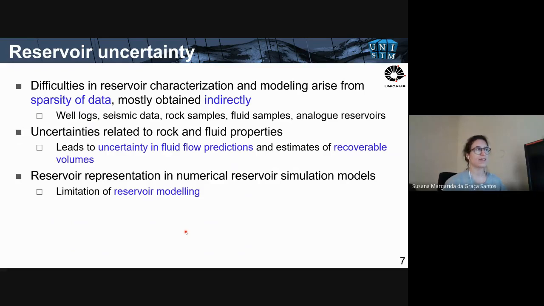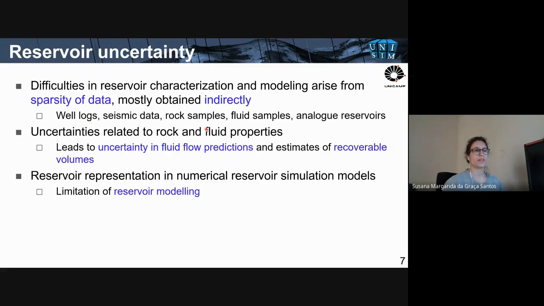All the data we have are either acquired sparsely, like the direct data from drilling, which is very distant from each other, or mostly obtained indirectly, from seismic data and well logging. The direct data is the core samples and the fluid samples. The reservoir is enormous, and we have very limited access to it.